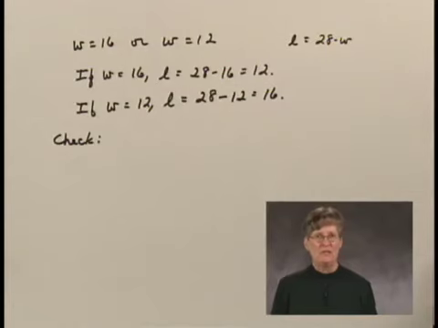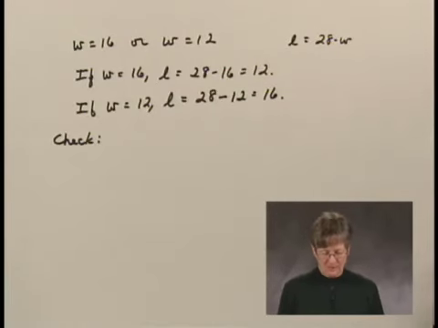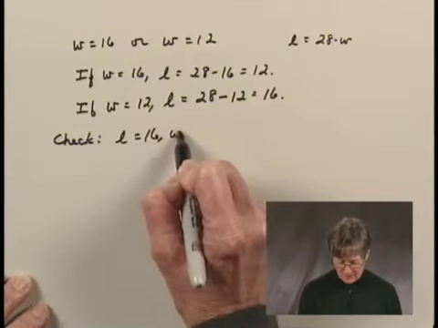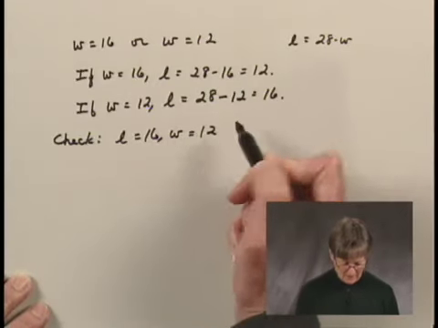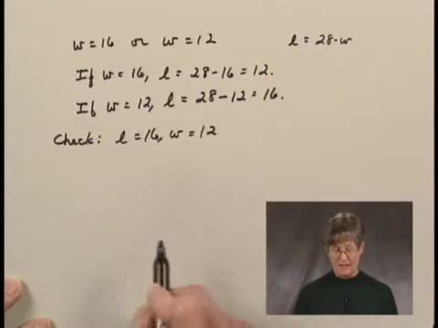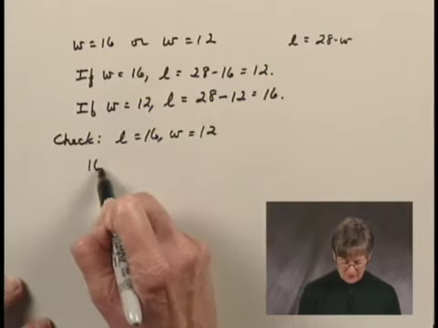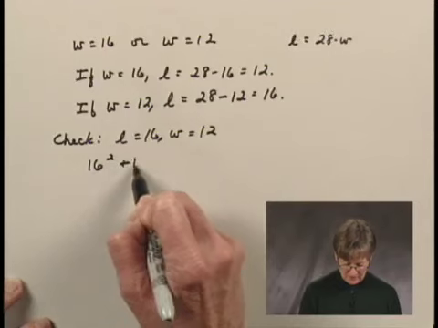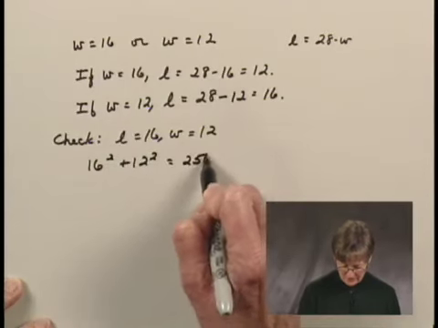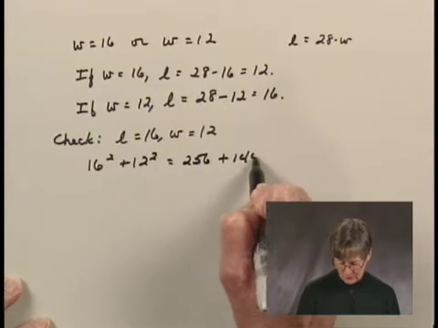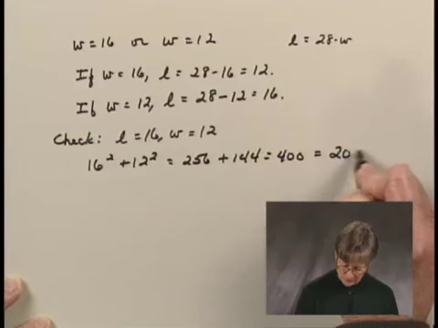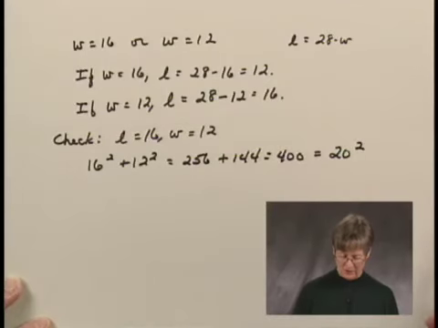Since we usually consider length to be longer than width, I'm going to check L equals 16 and W equals 12. Now, first of all, we want to see if a room with these dimensions has a diagonal of 20 feet. So we check 16 squared plus 12 squared, which is 256 plus 144, or 400, and that is equal to 20 squared, so that part checks.